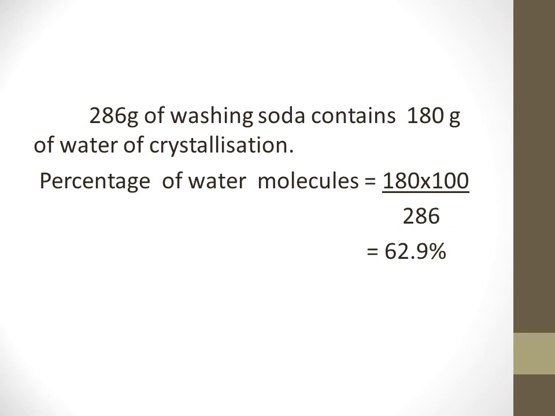So, percentage of water is equal to 180 into 100 divided by 286, that is equal to 62.9%. Did you understand? I hope you understood how to solve these problems.